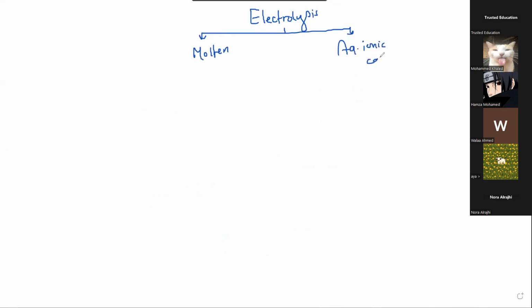I have electrolysis of, we said, molten ionic compounds or aqueous ionic compounds. Again, aqueous means dissolved in water. Okay. I will start with the molten ionic compound.